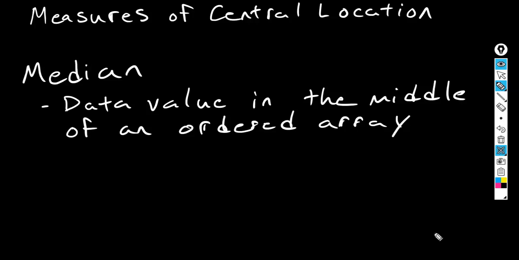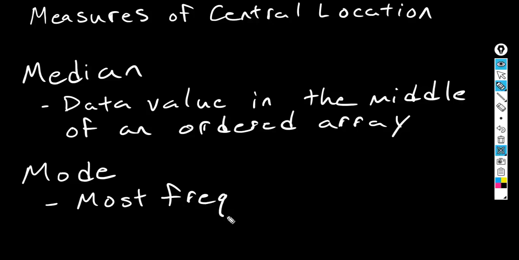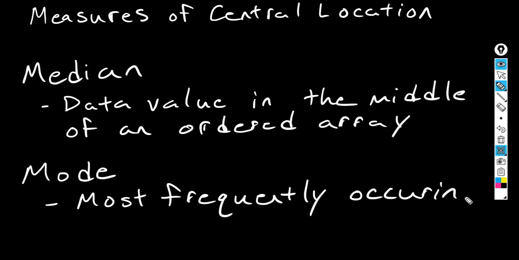Then our mode is the most frequently occurring value. Whatever value is most frequent, so shows up the most in our data set, is going to be our mode.